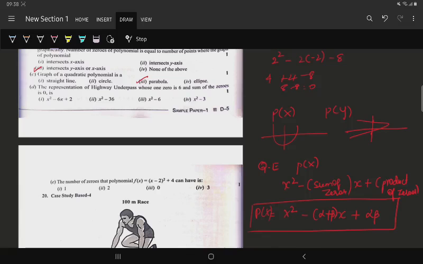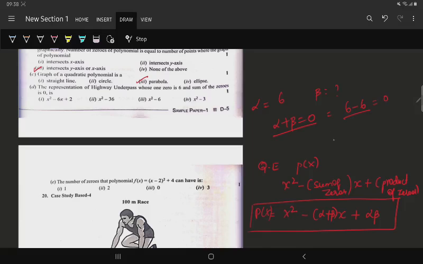Here they are saying one zero is 6. That is alpha is 6, and I don't know what beta is. They are saying that alpha plus beta is 0. When will a number sum to 0? If it is added with its negative number. So the other zero should be minus 6. Then you get the sum to be 0.